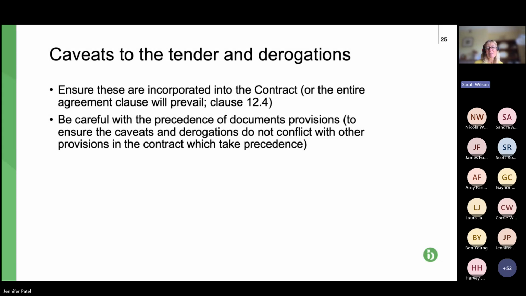Okay, so your caveats to your tender and your derogation. We've already seen that X18 is a cap on the contractor's or the subcontractor's liability. That might be adequate for a particular contractor or subcontractor, but there may be a situation where an invitation to tender is issued, and the contractor or subcontractor submits its standard list of derogations and caveats.